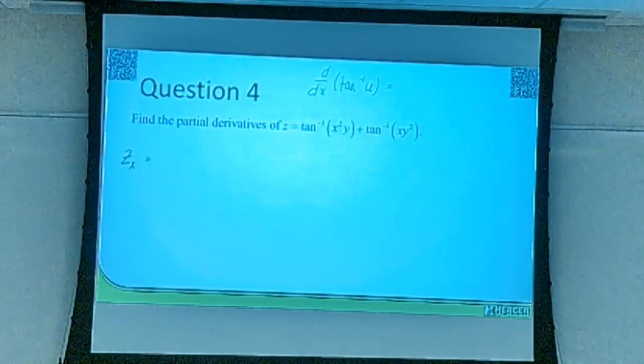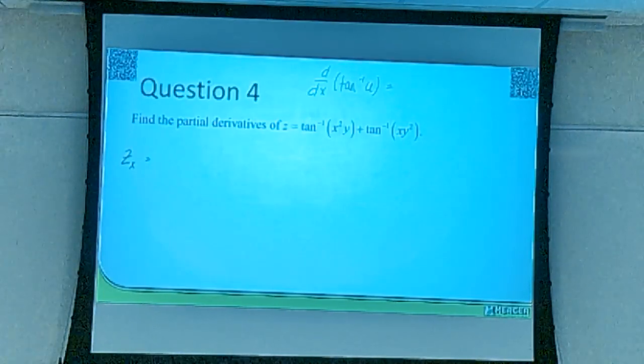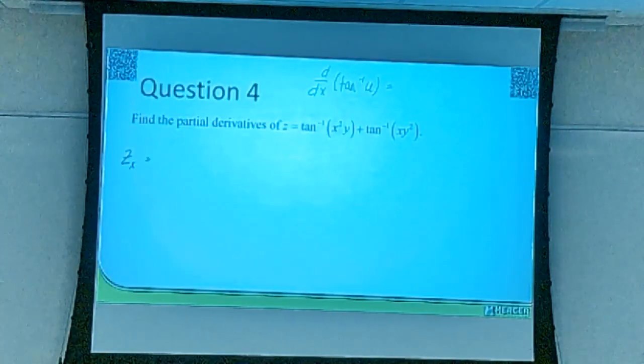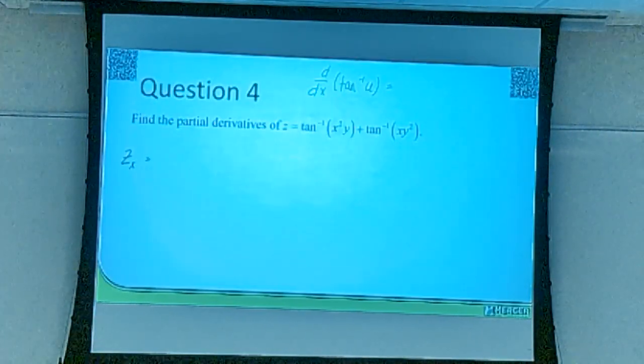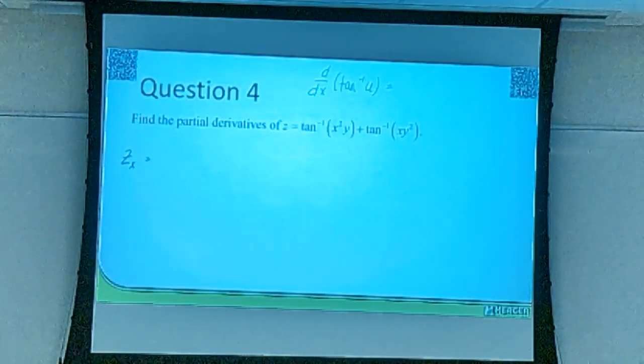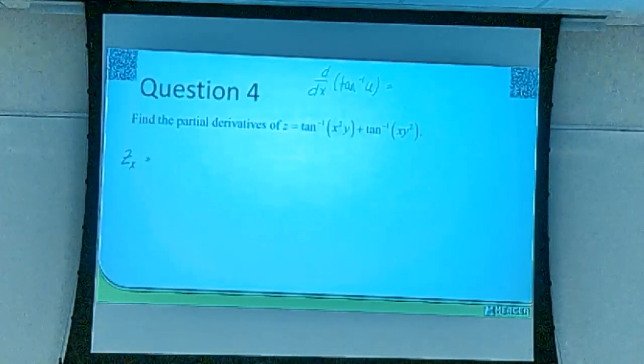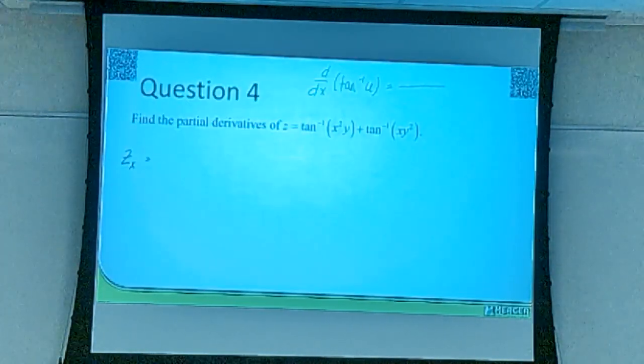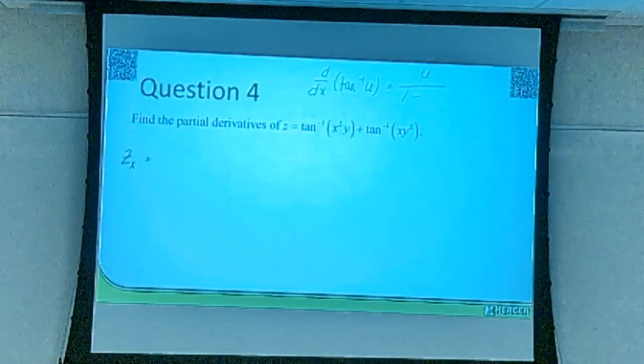It's close to secant, isn't it? You said you had me for Calc 1, so this makes me very upset. One over 1 plus u squared.